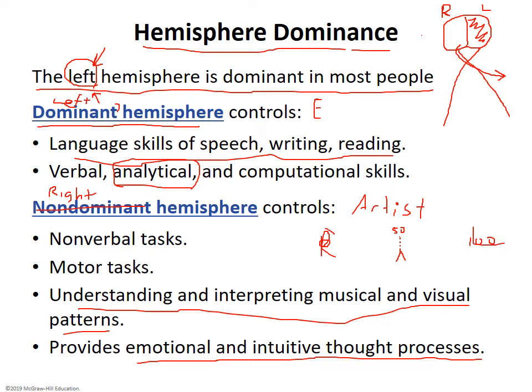Instead of being all the way over on the left side, our brain will be like 52%, and the right side's going to be about 48%. It's always very close. Most of us are right along that little borderline.